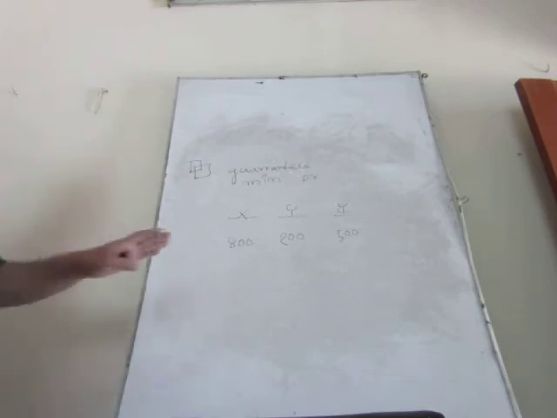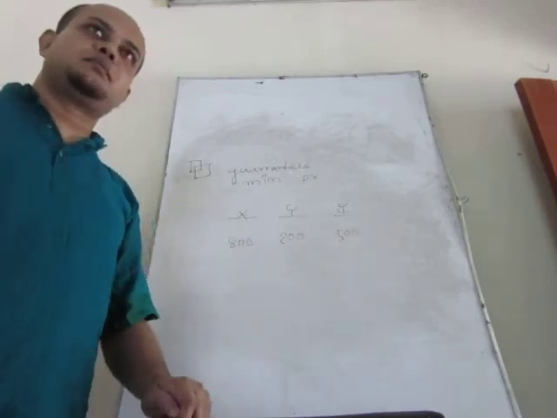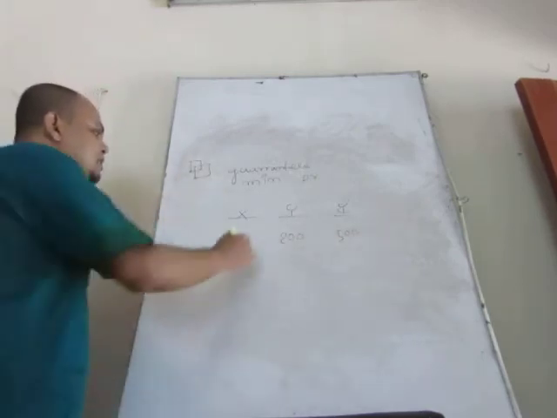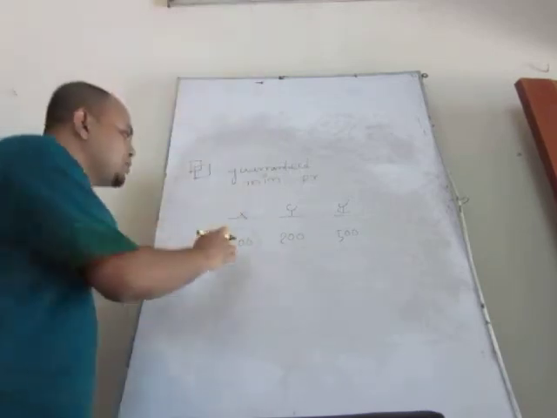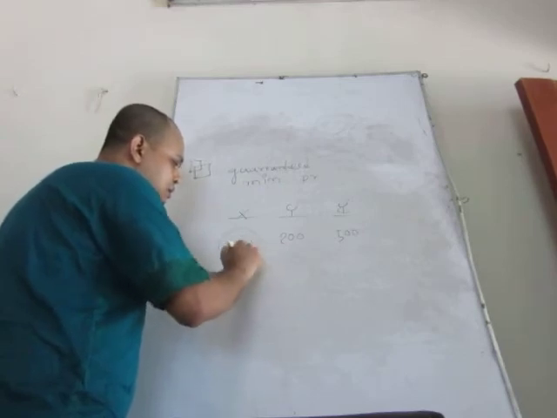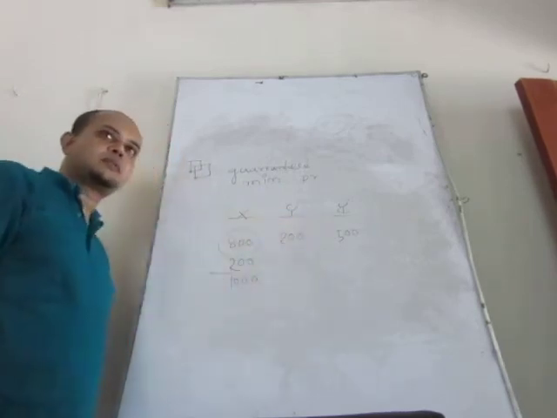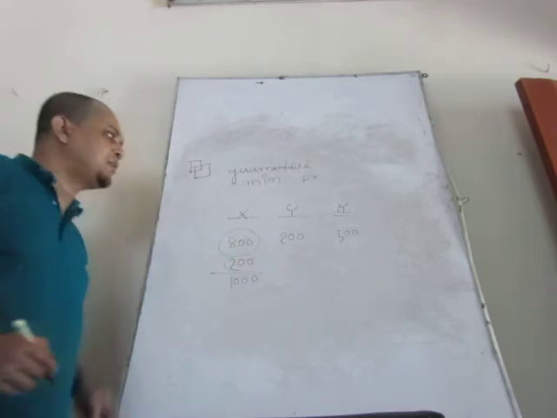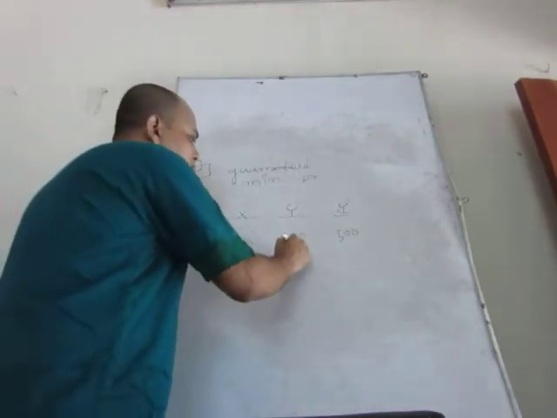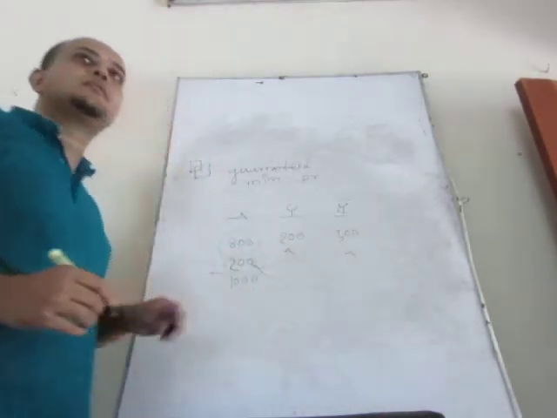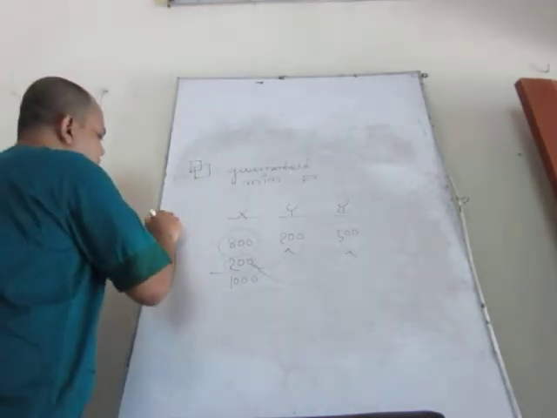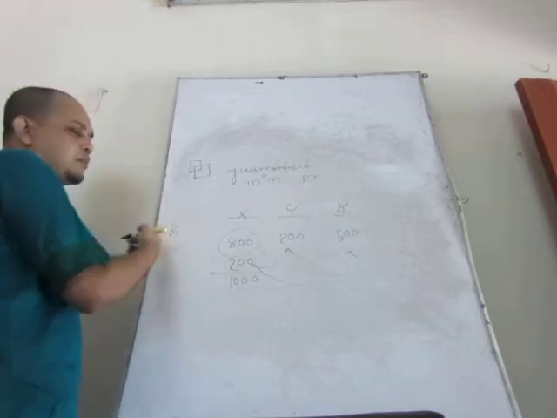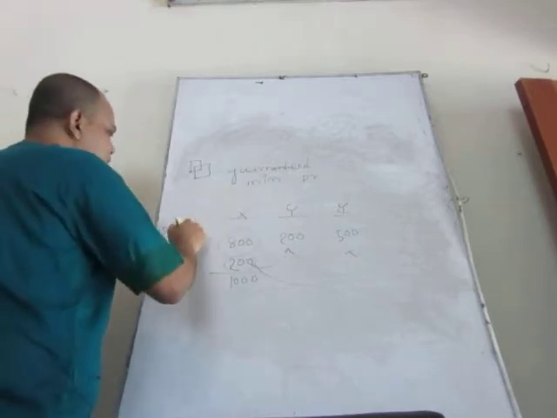After appropriating the profit, this amount comes forward. Clear? But the fact is, X is provided a guaranteed amount. That means X should be provided at least 1,000. So this 200 comes from Y and Z. Suppose, for example, the PSR ratio, the profit sharing ratio between these 3 partners, is 2:3:4.